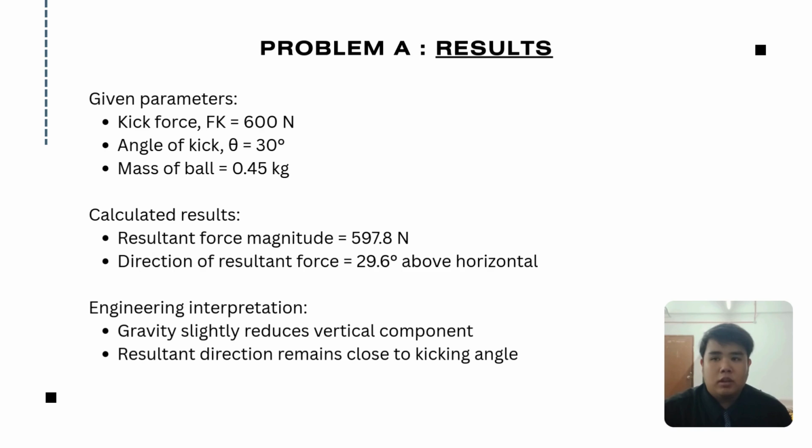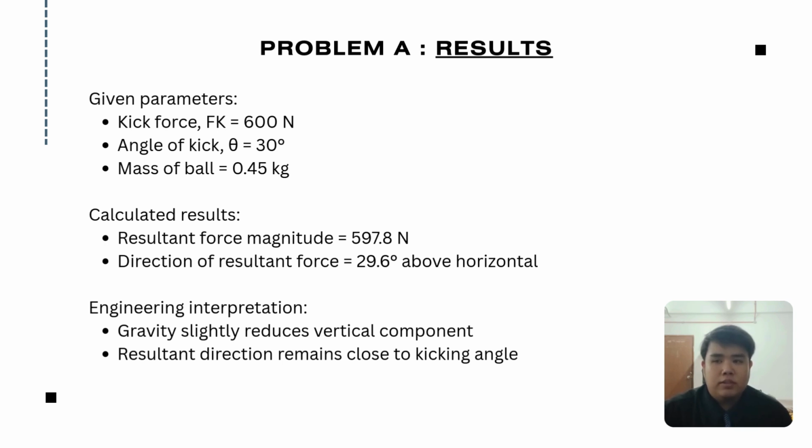Then we look at the results of the analysis. For this calculation, we use the following parameters: a kick force of 600 Newtons applied at a 30-degree angle, and a standard soccer ball mass of 0.5 kilograms. After applying the equations of equilibrium, we found that the magnitude of the resultant force is 597.8 newtons.